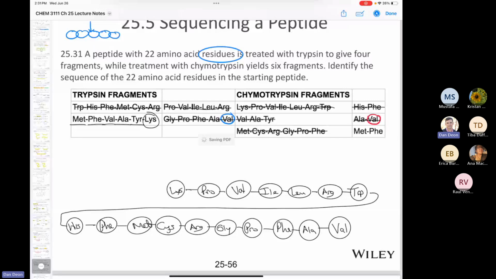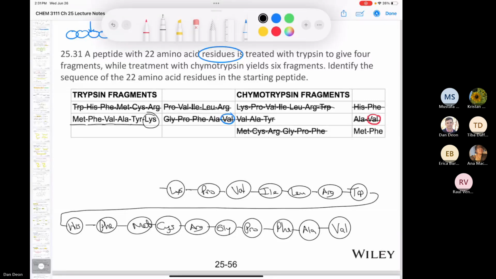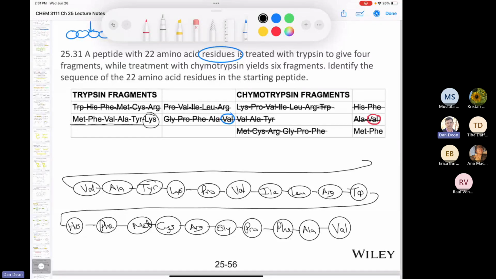So then I have lysine, then tyrosine, then alanine, then valine. I'll go back up here. So I've done these ones, and now I have phenylalanine and methionine.